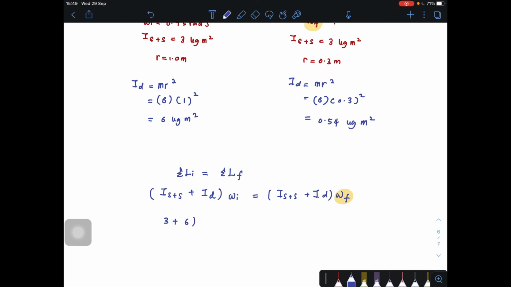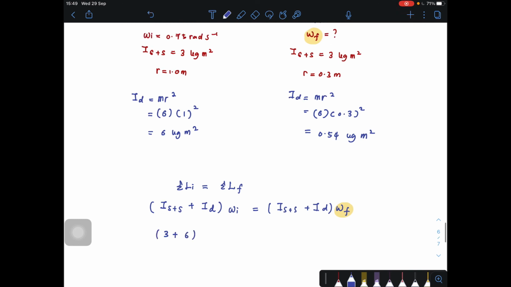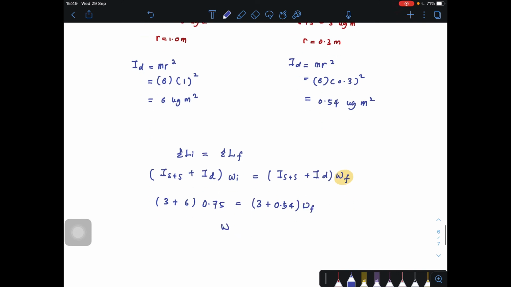The dumbbell 6. And then initial angular speed equals 3 plus 0.54 omega final. So, omega final is equal to 1.91 radian per second.